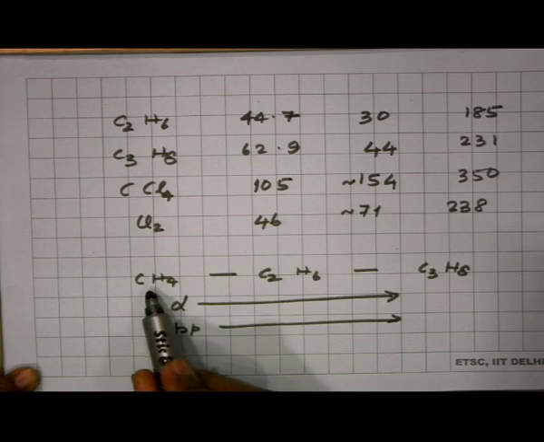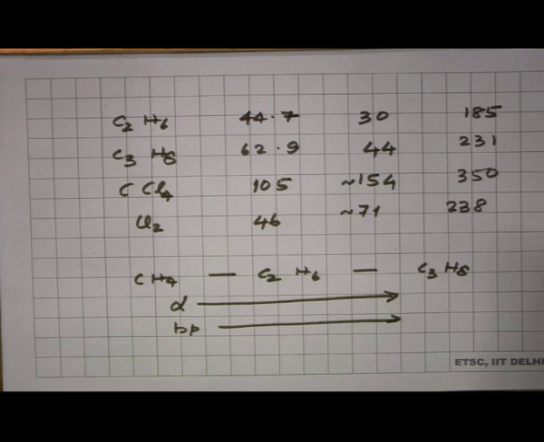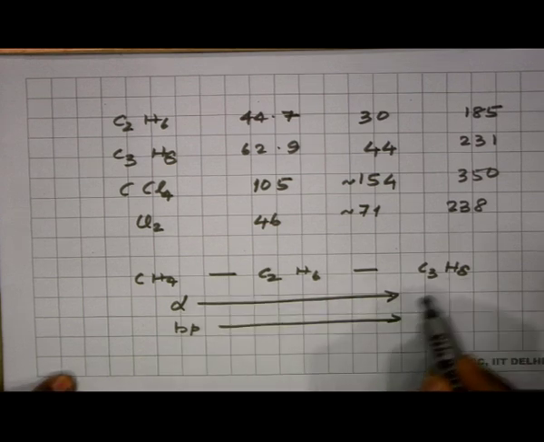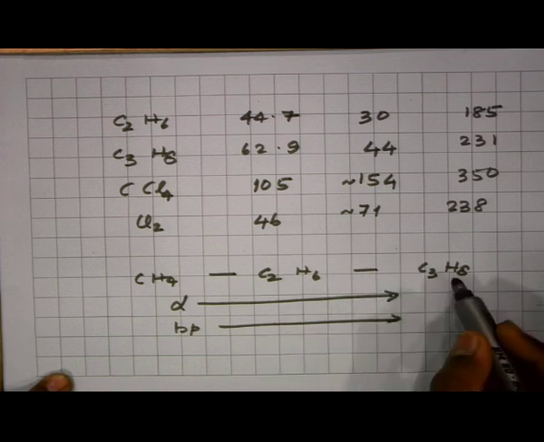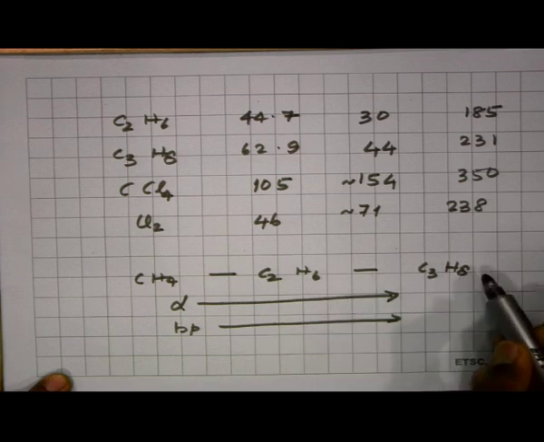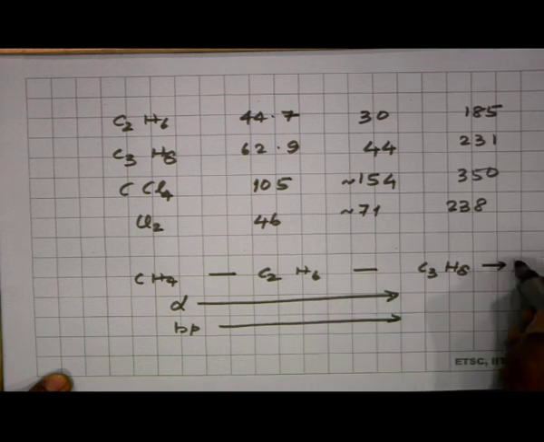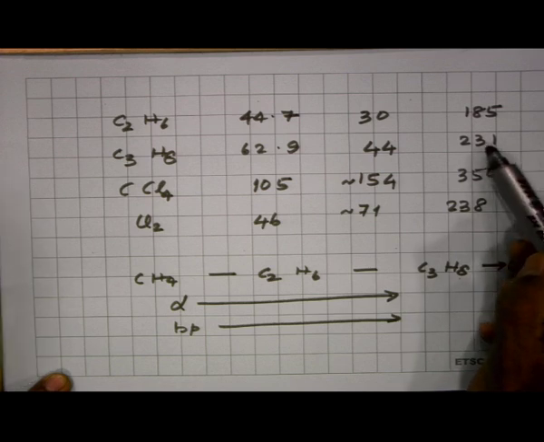This implies that the larger the molecule, the more these kinds of interactions that involve an induced dipole will increase. So, you can almost predict what will happen if you went from C3H8 to C4H10: its boiling point is going to be higher than 231 Kelvin.